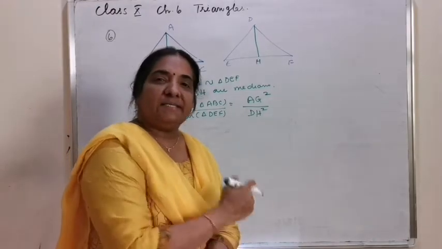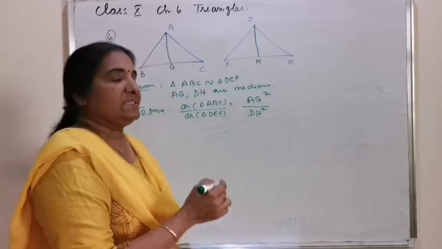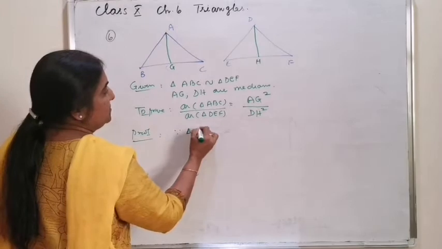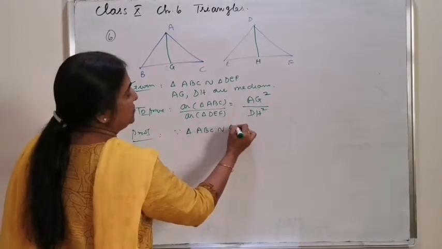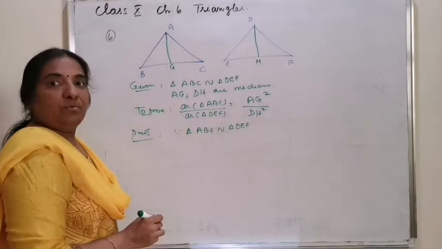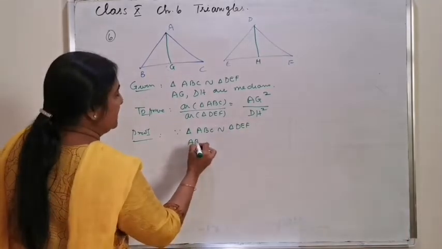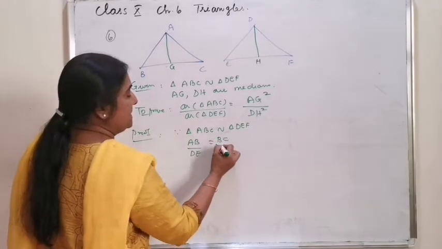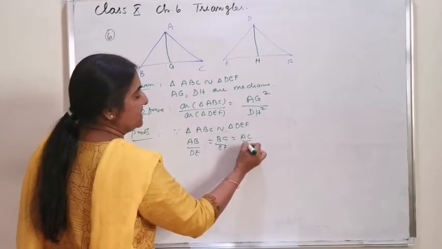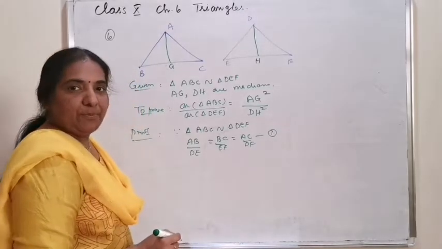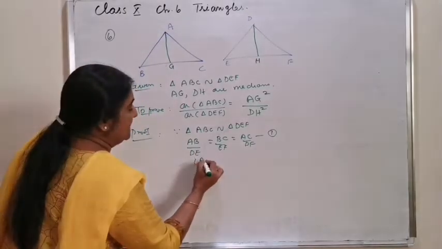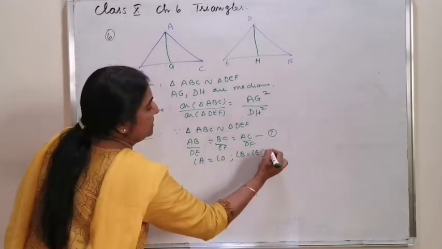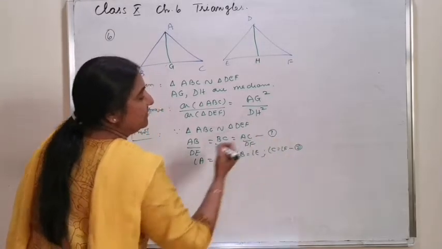The proof, as in question number 16 of the previous exercise, since triangle ABC is similar to triangle DEF, what are the conditions? The conditions are AB by DE is equal to BC by EF is equal to AC by DF, that is, sides are proportional. Regarding angles, A and D are equal, B and E are equal, C and F are equal.